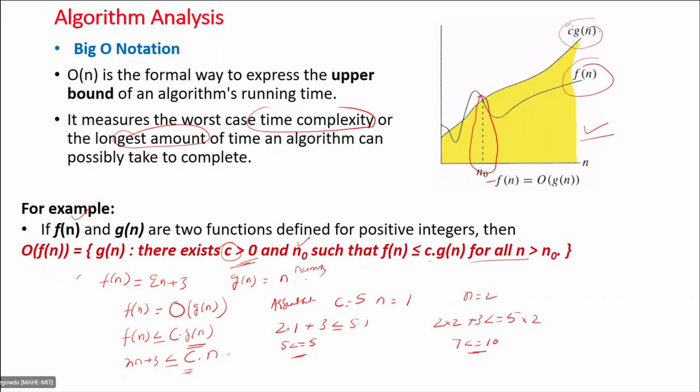If we take any value of n starting from 1, it will always satisfy. Therefore, we can say that for some constant c and for some constant n0, it always satisfies 2n plus 3 less than or equal to c into n.